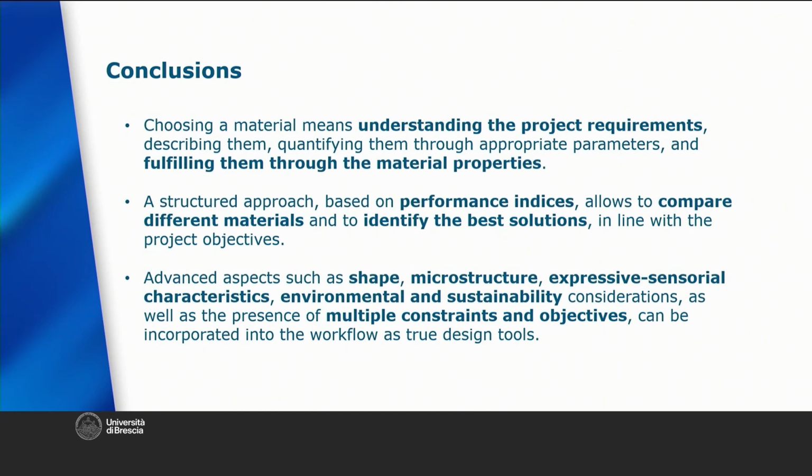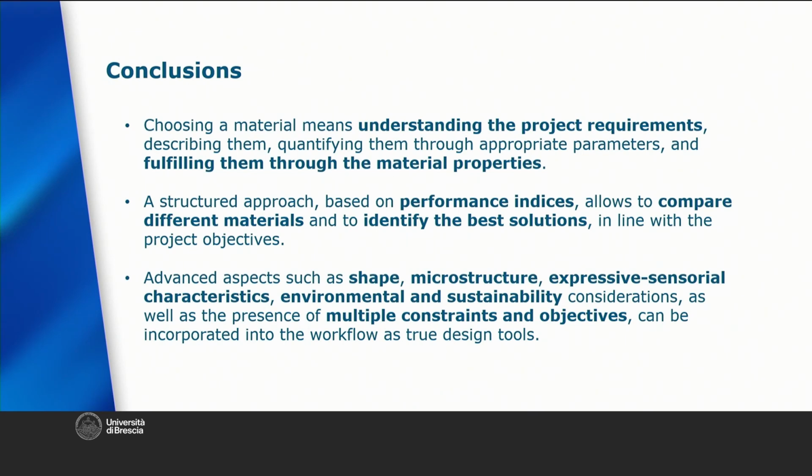With this overview of other possible design scenarios, our course on optimized material selection comes to an end. We've learned that choosing a material doesn't just mean looking for the strongest or lightest one, but it's about knowing how to interpret the needs of the project, describing and quantifying them using appropriate parameters, and meet them through the properties of materials.